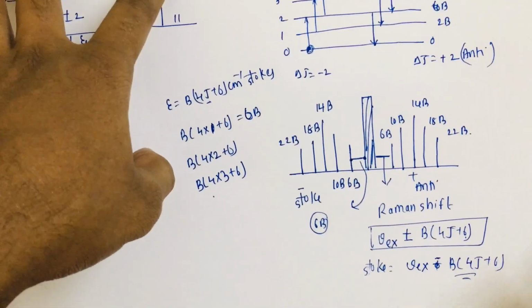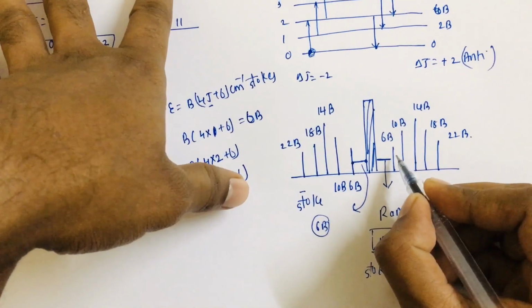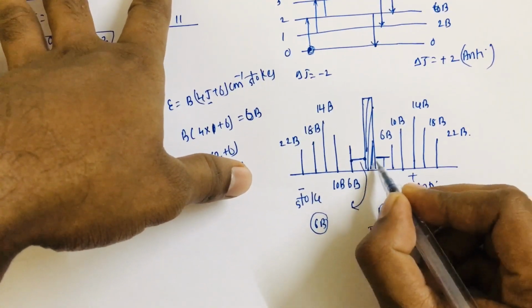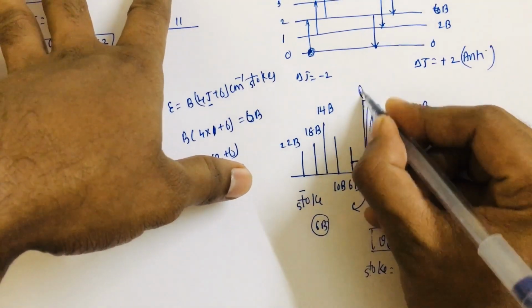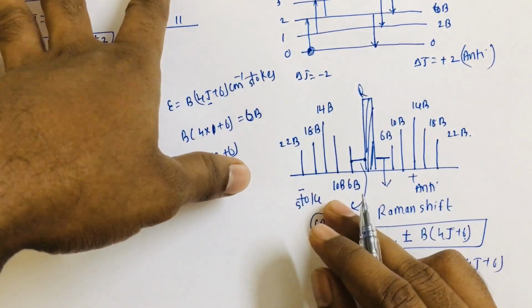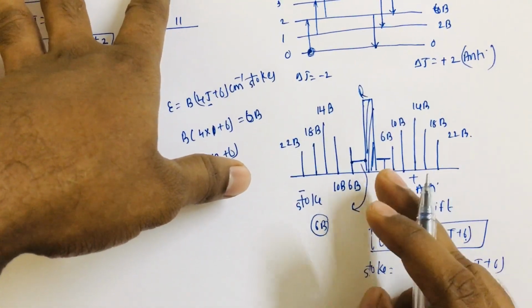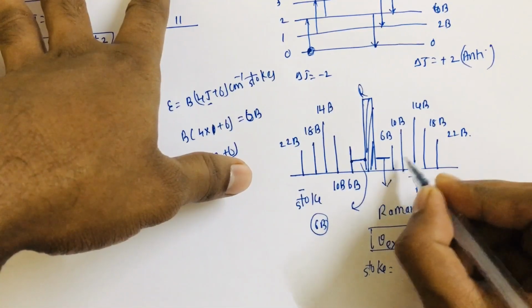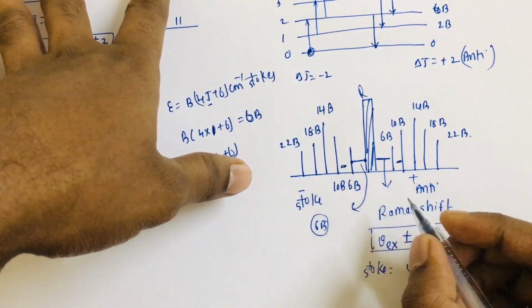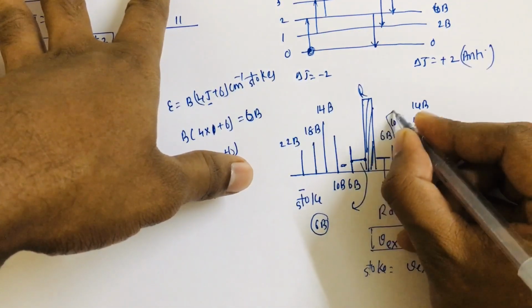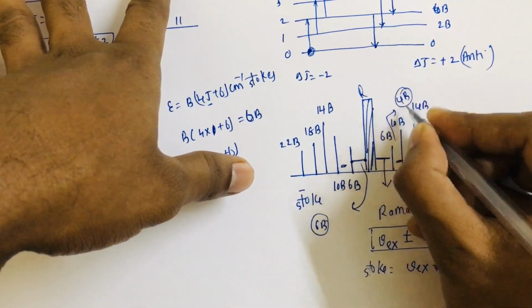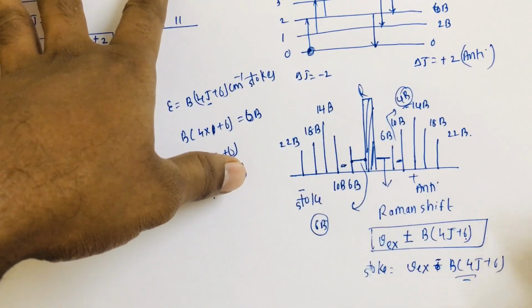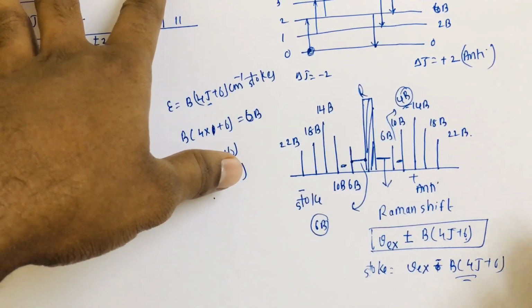Here I forgot to tell that the difference between the Rayleigh scattering and the first Stokes line or first anti-Stokes line will be 6B, and for any two Stokes lines or any two anti-Stokes lines, the energy difference will be 4B. These things are useful while doing some problems. So this is about the linear tops. Next we will go for the symmetric tops.